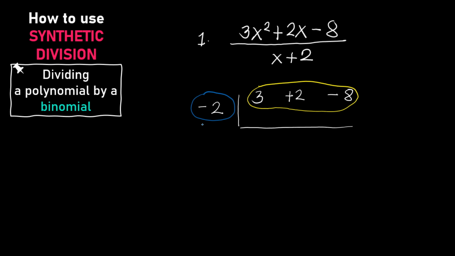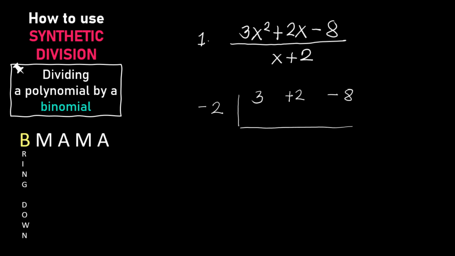Let us use a mnemonic that shows the steps in using synthetic division. B mama. B for bring down, we just have to bring down our first term, which is 3. Next is to multiply. We need to multiply 3 and negative 2, which is negative 6, and will be placed here. Next, add.